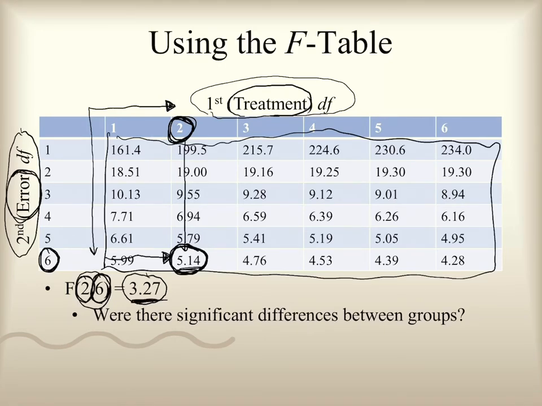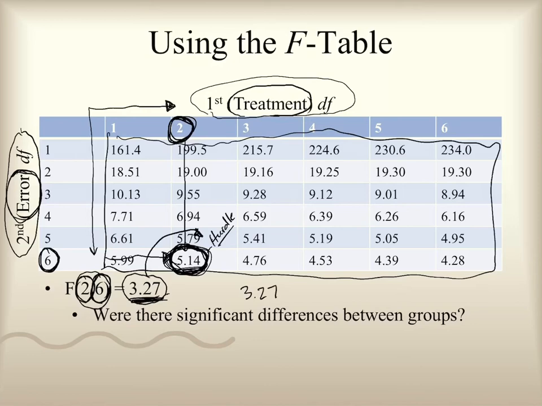Now, there's lots of ways to think about this. What I want to encourage you to think about it is the critical value that's listed on a table. Think about this like a hurdle. And our F value has to jump over this hurdle. Our F value needs to be bigger than the F critical value.